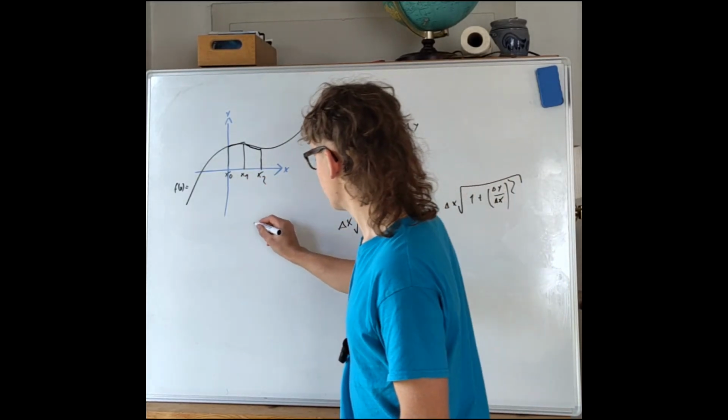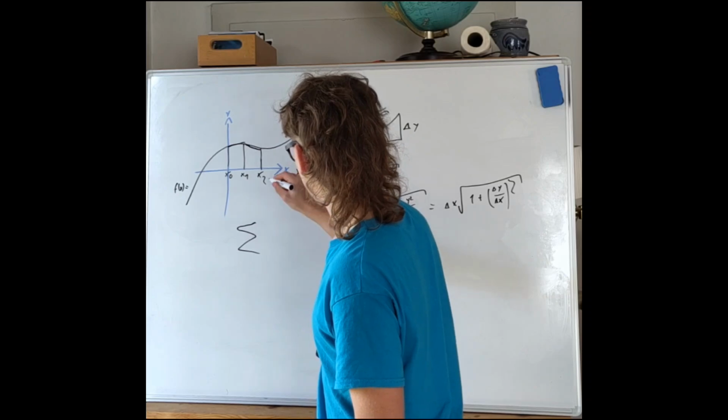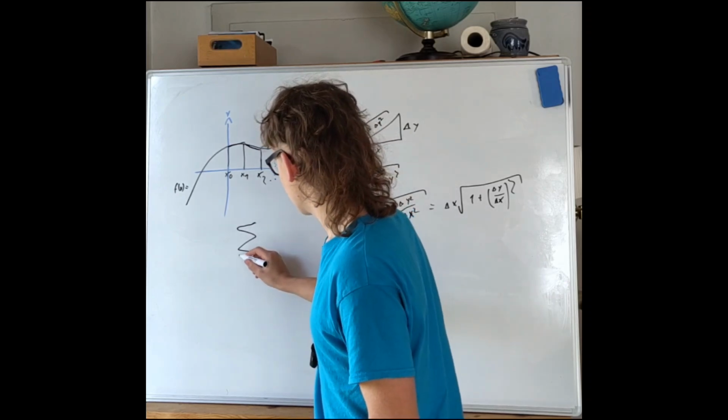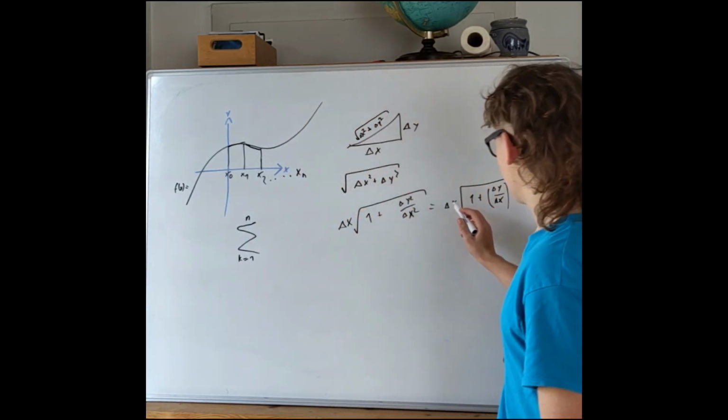So we have the sum, and let's just say this goes up to x_n. Sum of k equals 0 up to n of delta x.